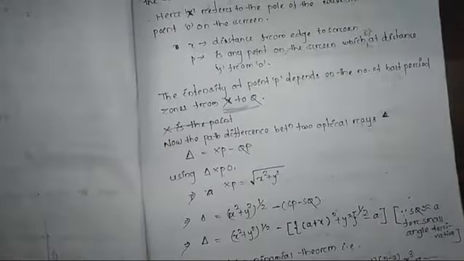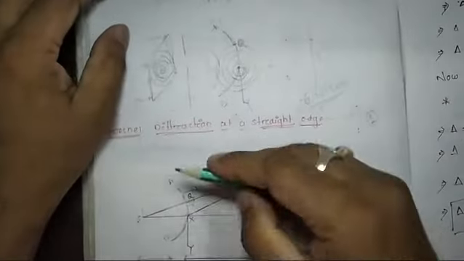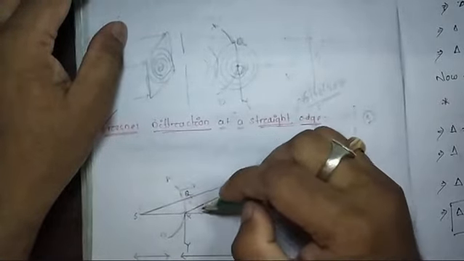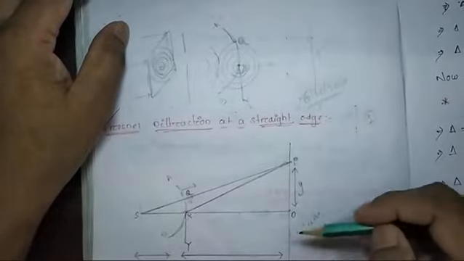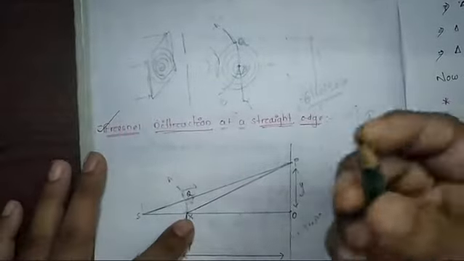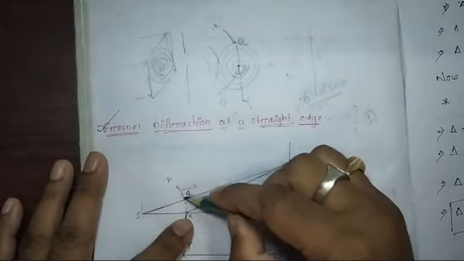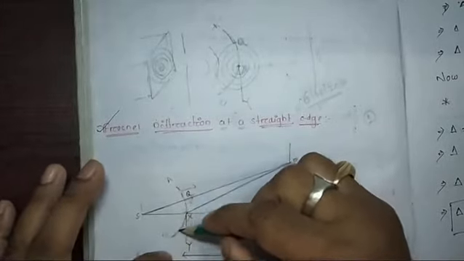Now if the wavefront A to X is traveling towards the screen, then obviously we have to consider the number of half period zones present in this wavefront, because the other wavefront is already blocked.